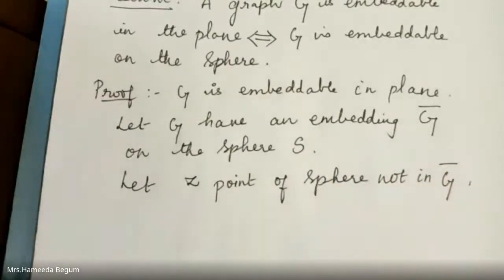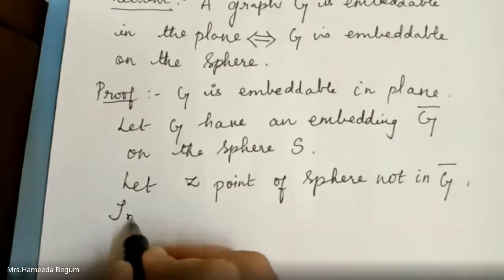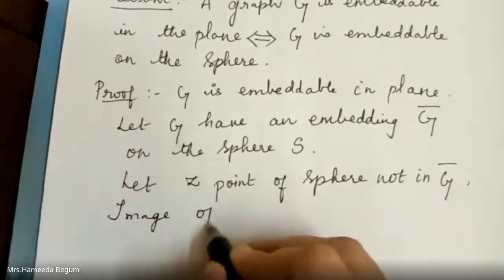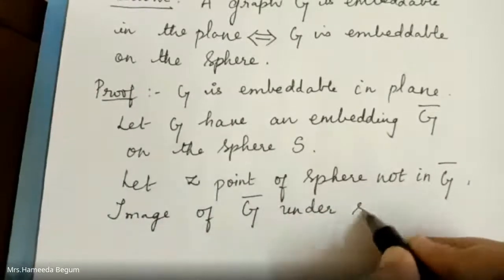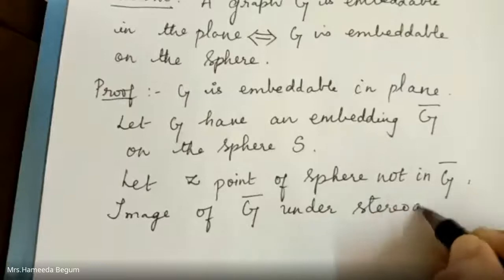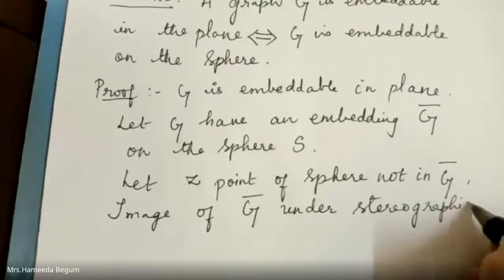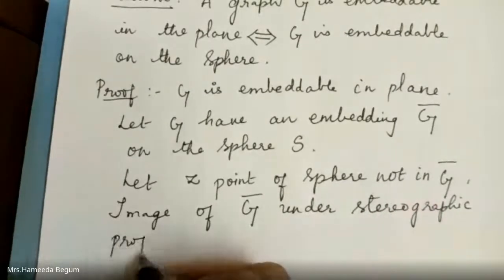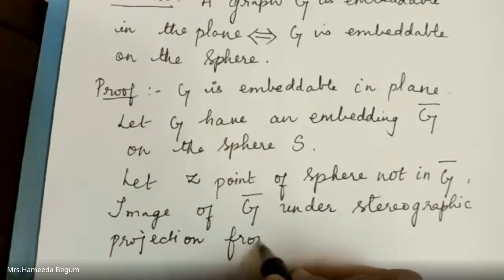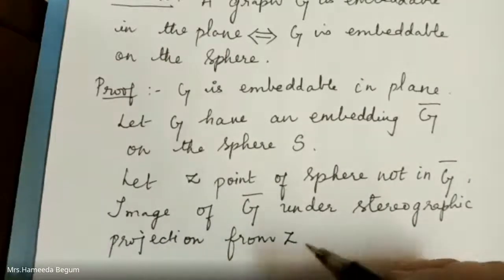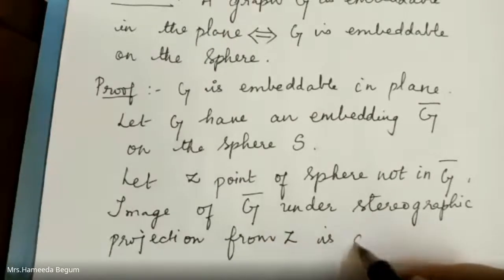The image of G bar under the stereographic projection from Z will be an embedding of G. Okay.